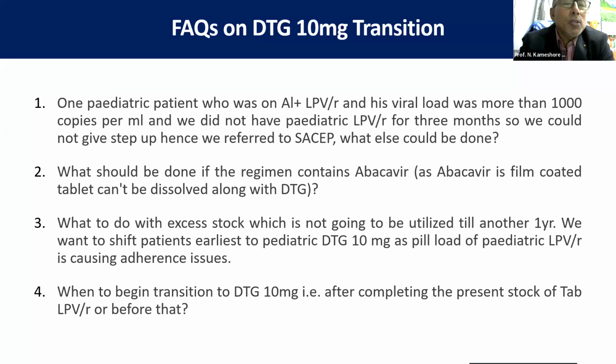Question number 3 is what to do with excess stock which is not going to be utilized till another 1 year. Then we want to shift the patient earlier to pediatric DTG as the payload of pediatric LPV is causing adherence issue.